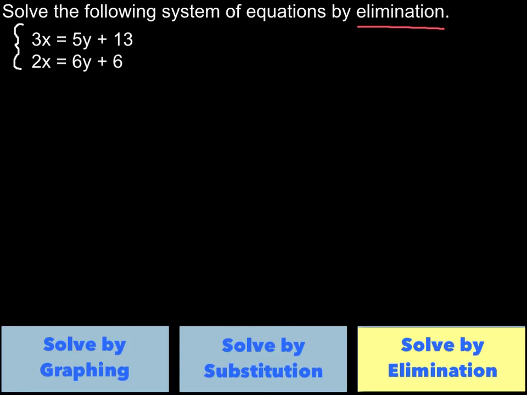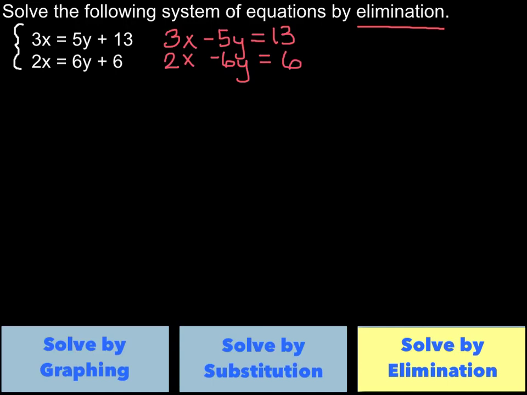I like the way it looks, so I'm going to take the 5y and the 6y and move them to the left side of the equal sign. So I have 3x minus 5y equals 13. I just think it looks better. And then 2x minus 6y equals 6.